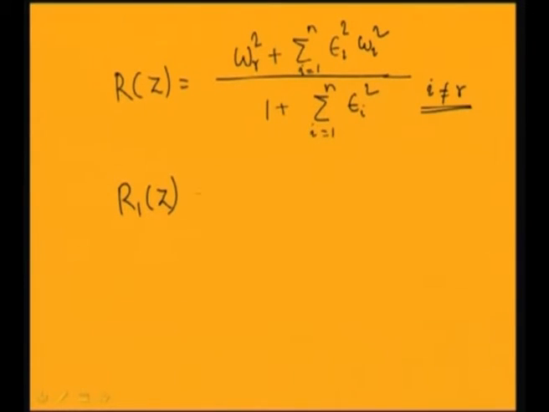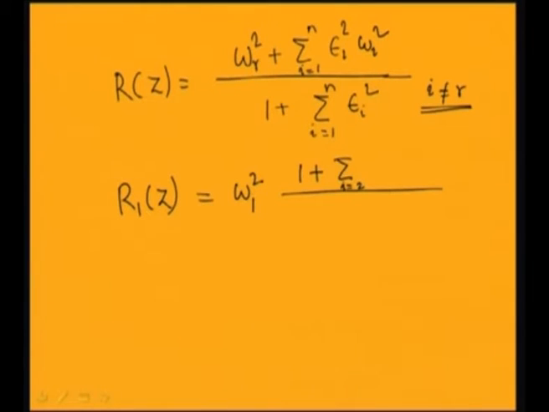I can write the Rayleigh quotient R1 z, with r equal to 1. So, this becomes omega 1 square. I can take this omega r square common. So, this is omega n square into 1 plus, so when I am taking this common, as I am finding for r equal to 1, this will not contain the first term.